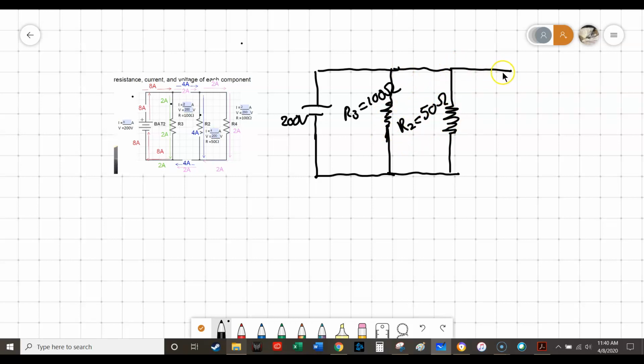And then finally, we're just copying the same problem. This is going to be R4, which is 100 ohms.